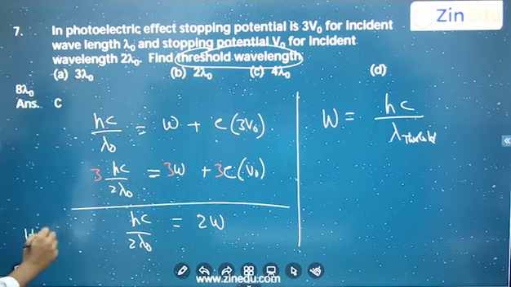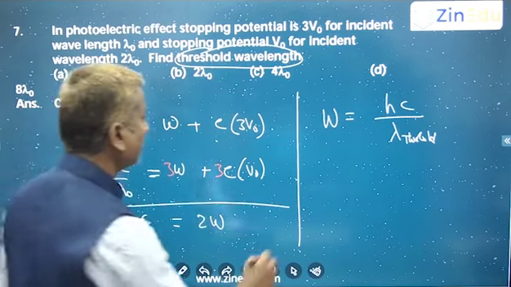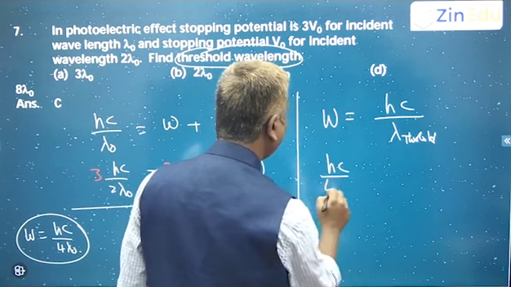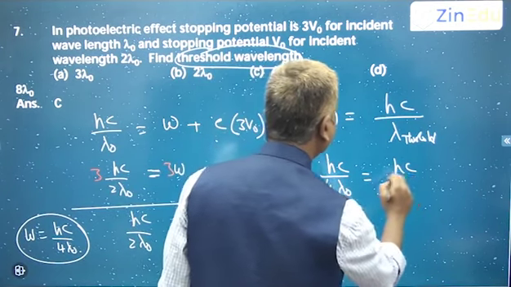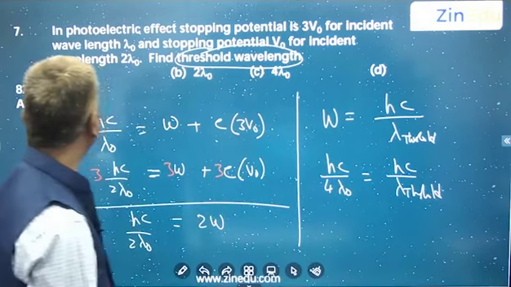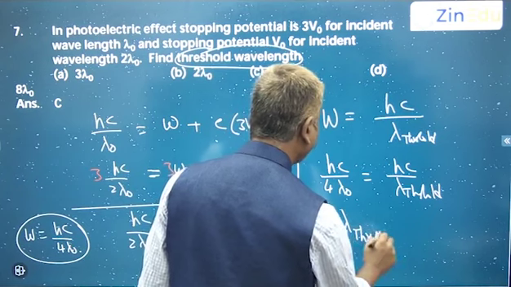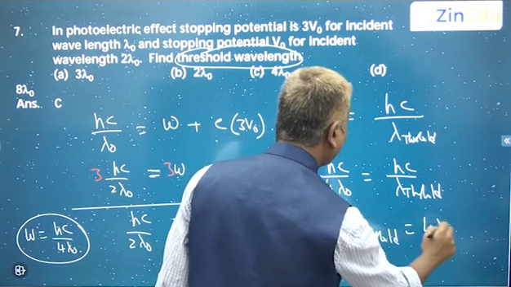The same thing we substitute here: hc by 4 lambda naught is equal to hc by lambda threshold. So lambda threshold will be 4 lambda naught.